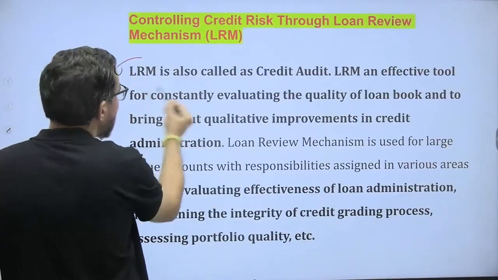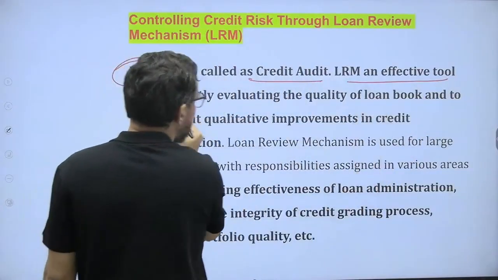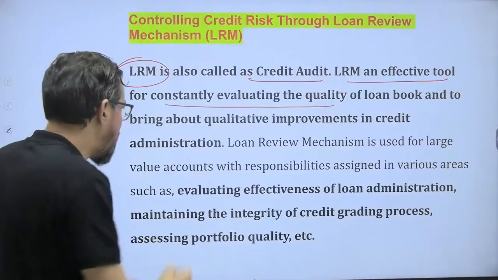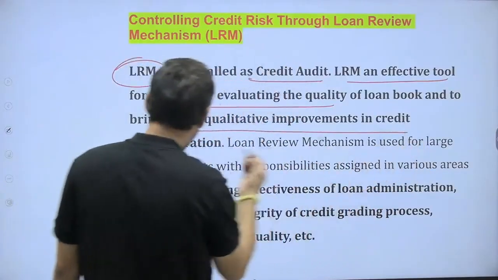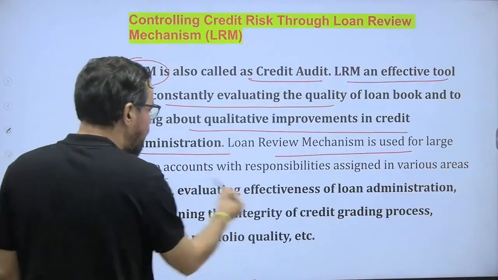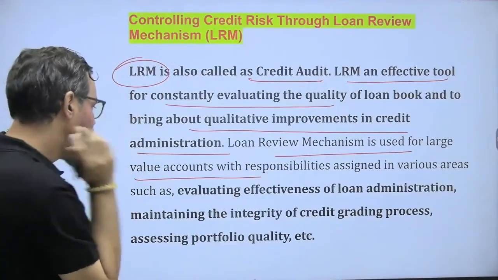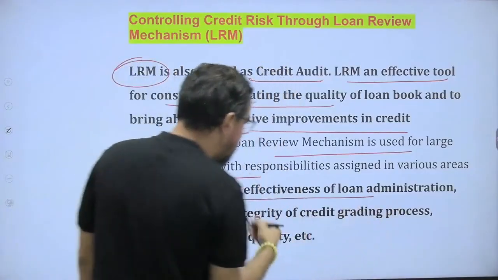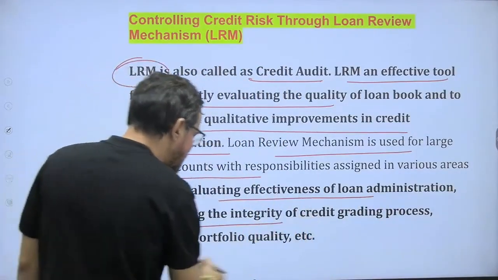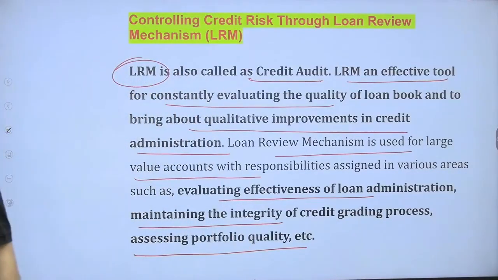So LRM, which is also known as credit audit, is an effective tool for consistently evaluating the quality of the loan book and bringing about qualitative improvements in credit administration. LRM is used for large value accounts with responsibilities assigned in various areas such as evaluating effectiveness of loan administration, maintaining the integrity of credit guidelines process, and assessing portfolio quality, etc. So these are generally part of this particular one.